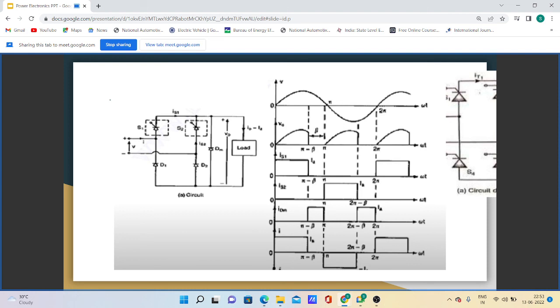In this, the gate pulse is given at omega t is equal to 0 and is turned off at omega t is equal to pi minus beta, and then the thyristor T2 and the switch S2 and thyristor T1 are then turned on at omega t is equal to pi and is turned off at omega t is equal to 2 pi minus beta.